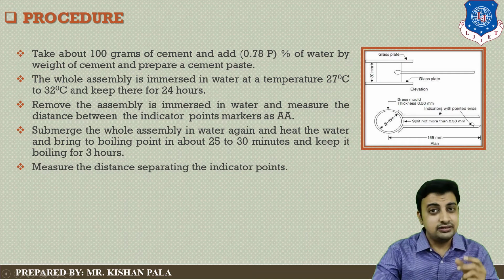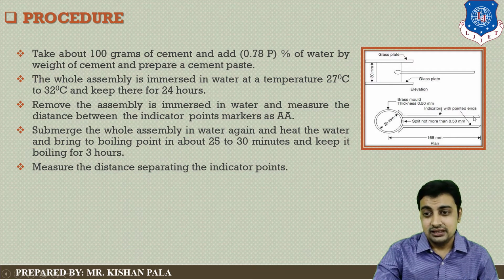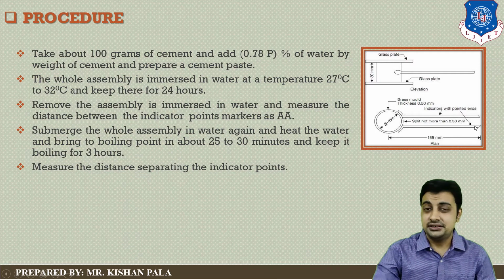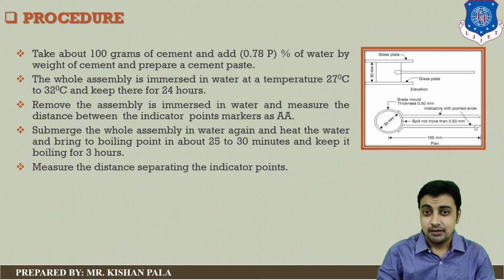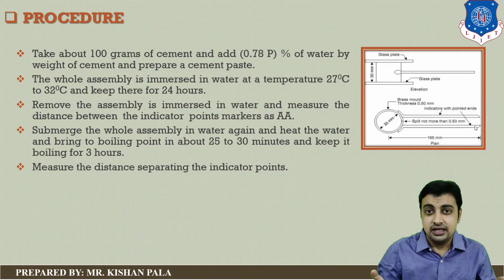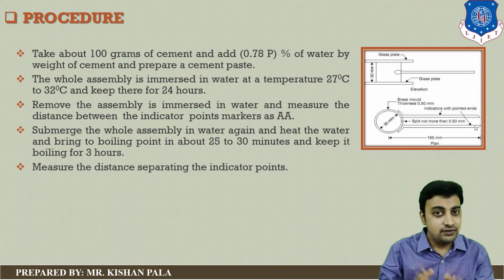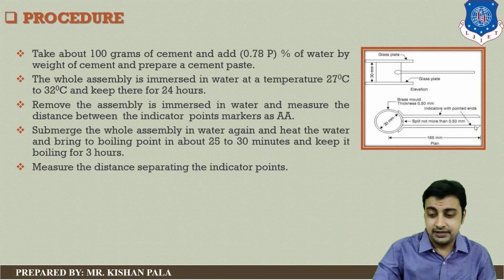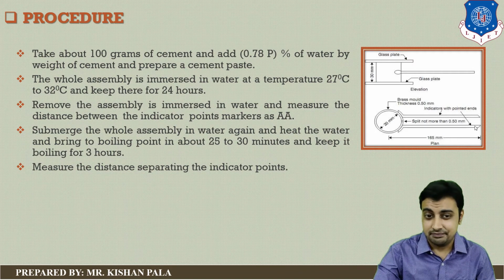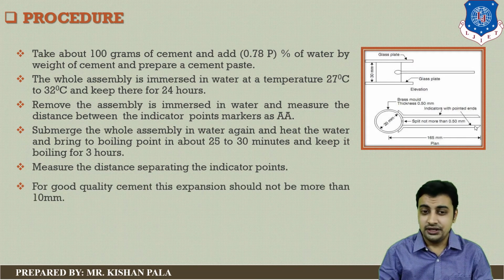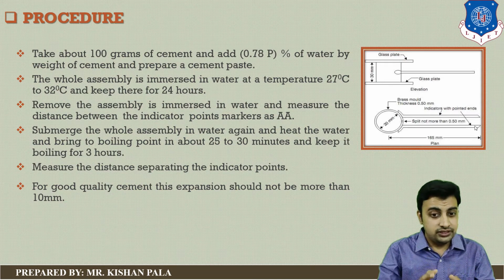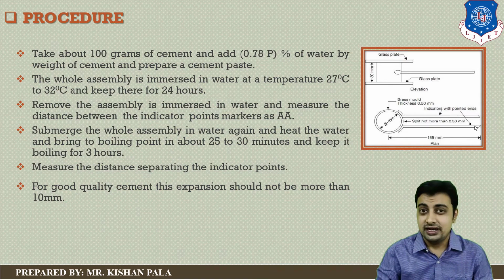After this procedure, you have to once again measure this distance, and this distance will have increased by these procedures. So you have to find out the difference between the second reading and the first reading. So you can calculate the expansion of the cement mass, and that will be the soundness of the cement. For good quality cement, the expansion should not be more than 10 mm.